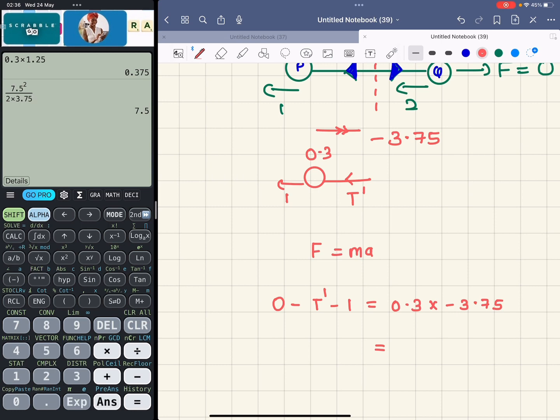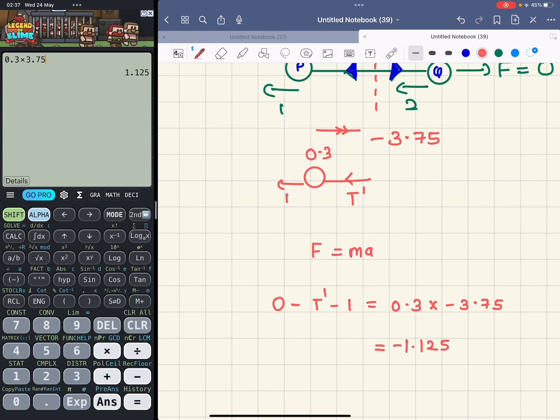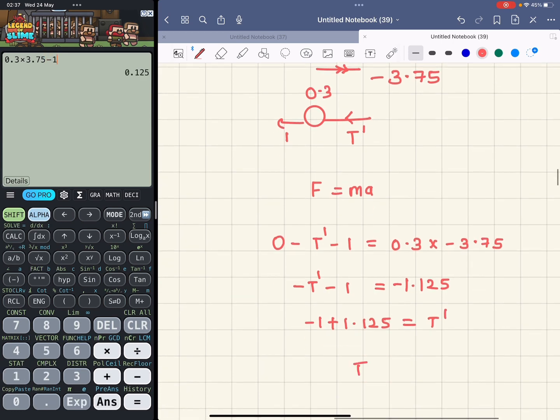And if I solve this, so let's do 0.3 times 3.75, which is 1.125 with a negative, minus T dash minus 1, and minus 1 plus 1.125 is equal to T dash. And that's going to be 0.125 newtons of thrust.